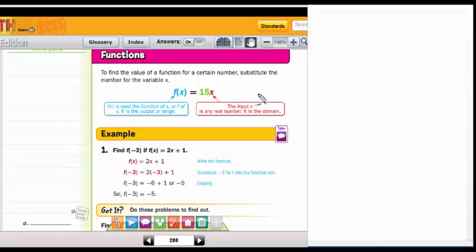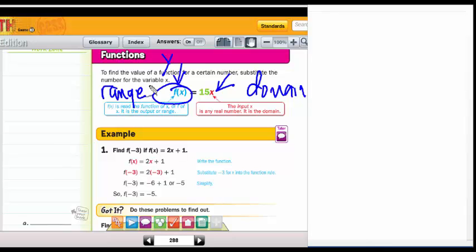Remember, your input, x, is the domain, and your output, as we were calling it before, y, which now is f of x, represents your range values. This is an important concept. Please put that in your notes.